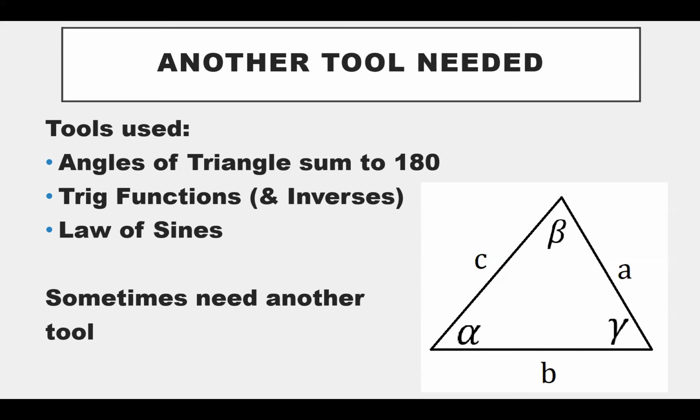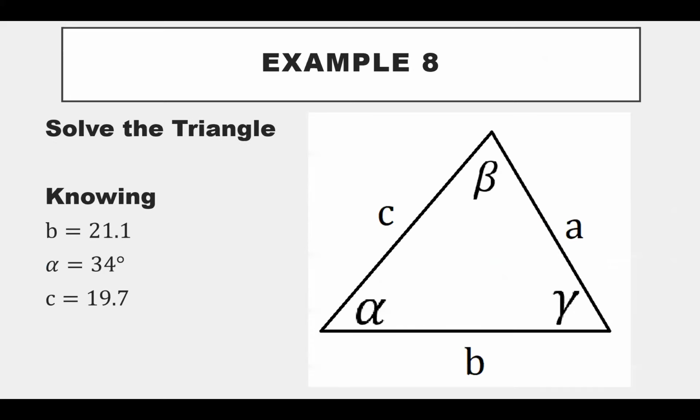The law of sines is a great tool to solve triangles, but there are a couple of scenarios in which we need another tool. And just as an example of why we would need another tool, let's look at example 8.